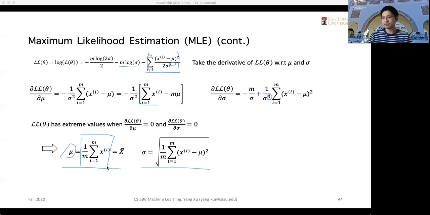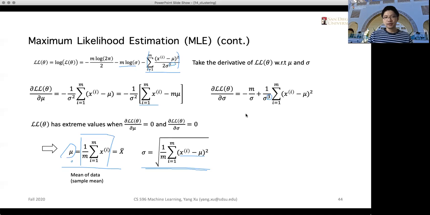This is very self-explanatory. And the sigma is computed by first computing the mu, and then we use the difference between the data points and the mu, compute the square and sum up all the square values, divide by m and take the square root, which is the definition of the standard deviation.